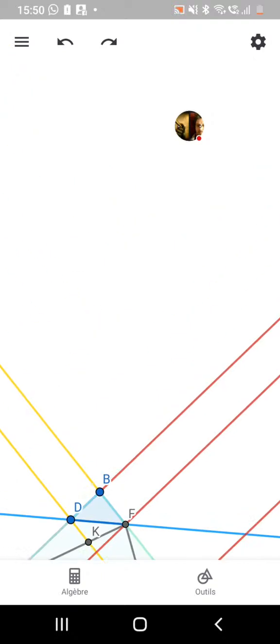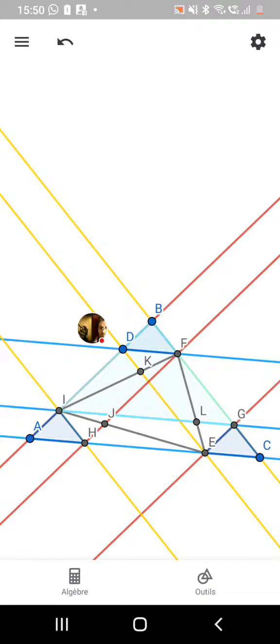Why do I say this? Because look now at the yellow median. No, let's take the blue median. The blue median is a side of this triangle, which has the same shape as the big blue one. And this side IF is a T median of, well, I forgot to say T median.